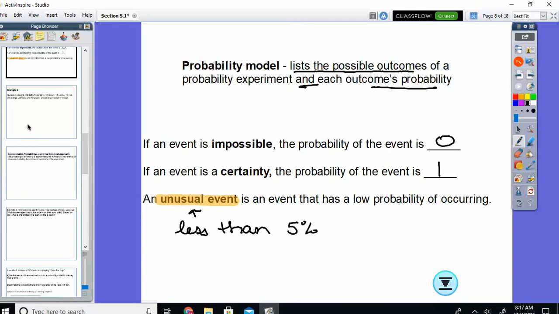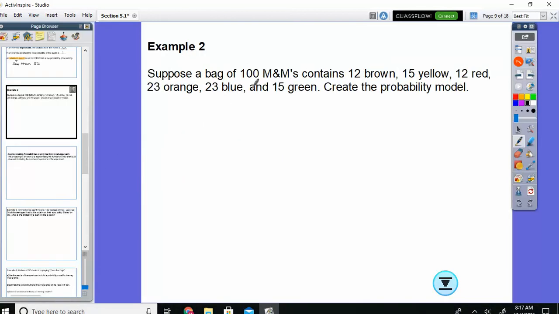So let's say we get a bag of M&Ms, and we know that M&Ms come in different colors, right? So if I get a bag of 100 M&Ms, and in this bag we have 12 brown, 15 yellow, 12 red, 23 orange, 23 blue, and 15 green. I want to make a probability model. So a probability model is really just like a table.